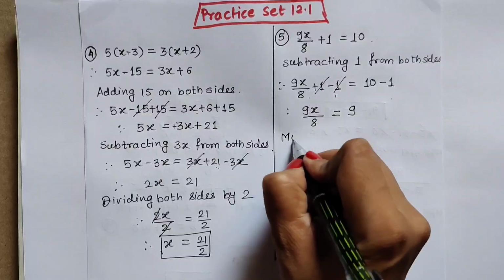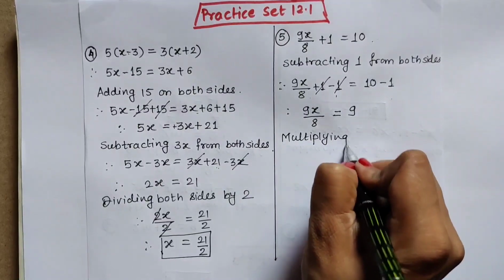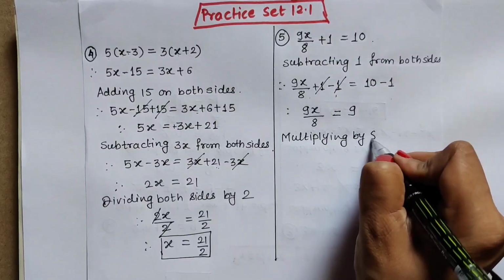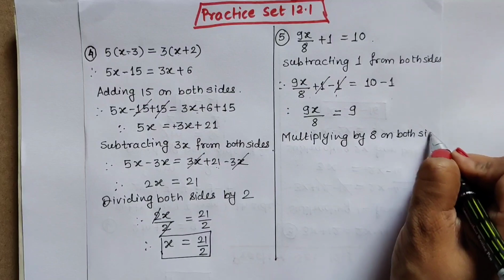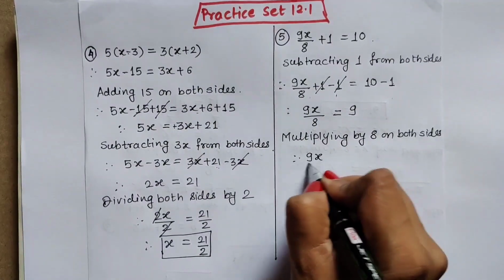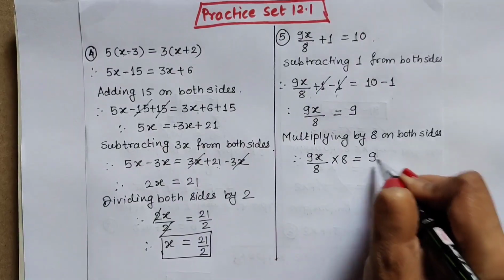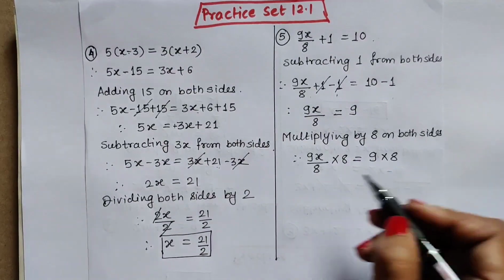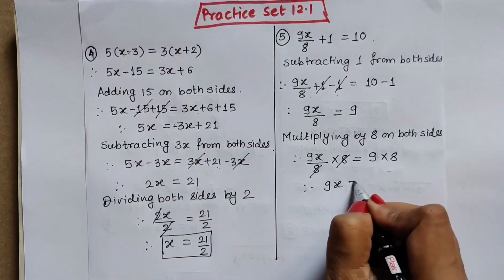So multiplying by 8 on both sides. So write the left hand side, multiply by 8, right hand side, multiply by 8. Here 8 cancelled, only 9x is remaining.